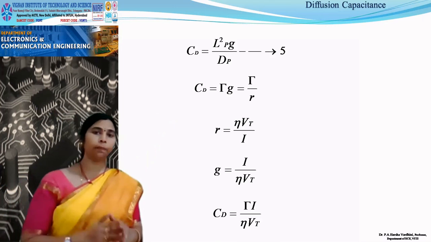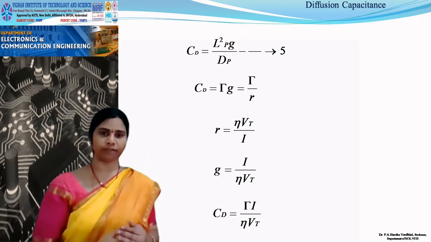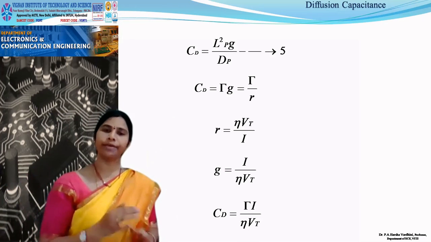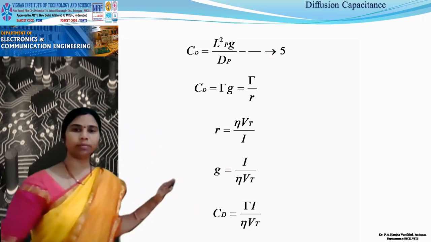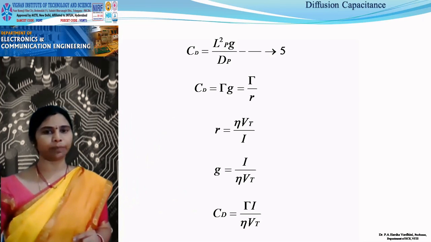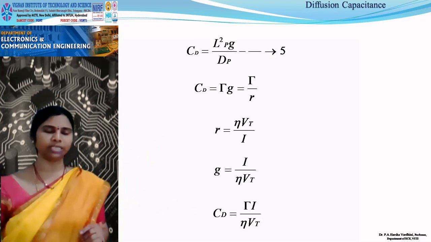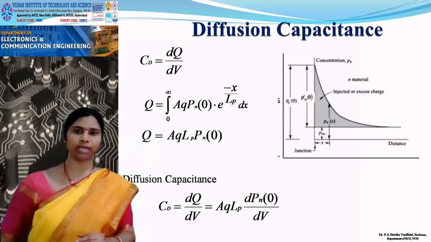But Lp square by Dp, that means Lp is the diffusion length, Dp is the diffusion constant for holes. If it is for electrons, Ln Dn. So that is termed as mean lifetime of holes. What do you call it as? Lp square by Dp is represented as mean lifetime. That means once holes have entered into, let me explain with the diagram.